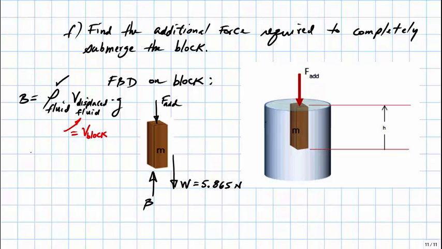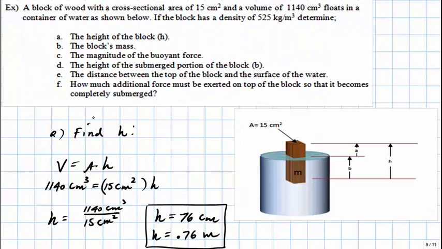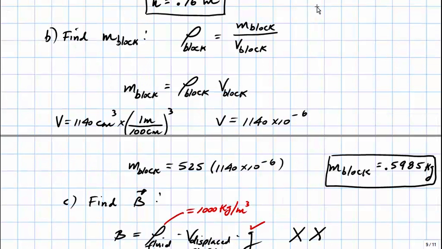The density of the fluid equals 1,000. That's the density of water. The volume of the displaced fluid equals the volume of the block, which was given in the body of the problem. That volume was given as 1,140 cubic centimeters, which we later converted to 1,140 times 10 to the minus 6 cubic meters.